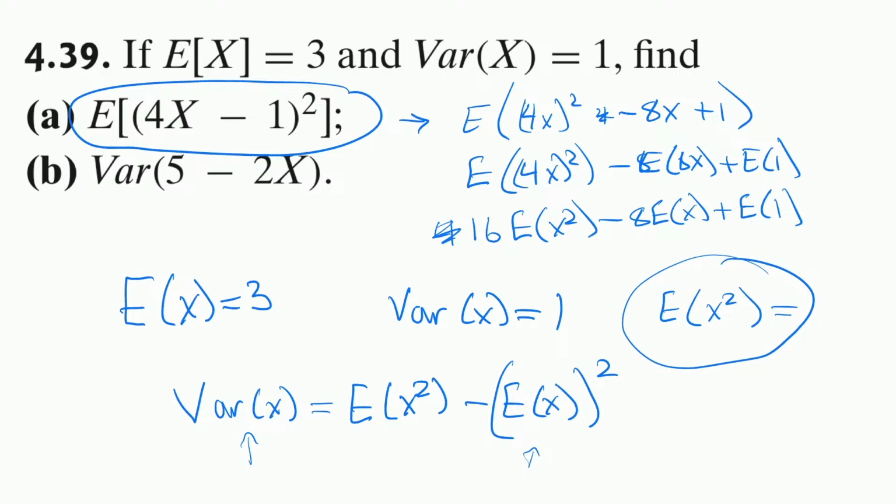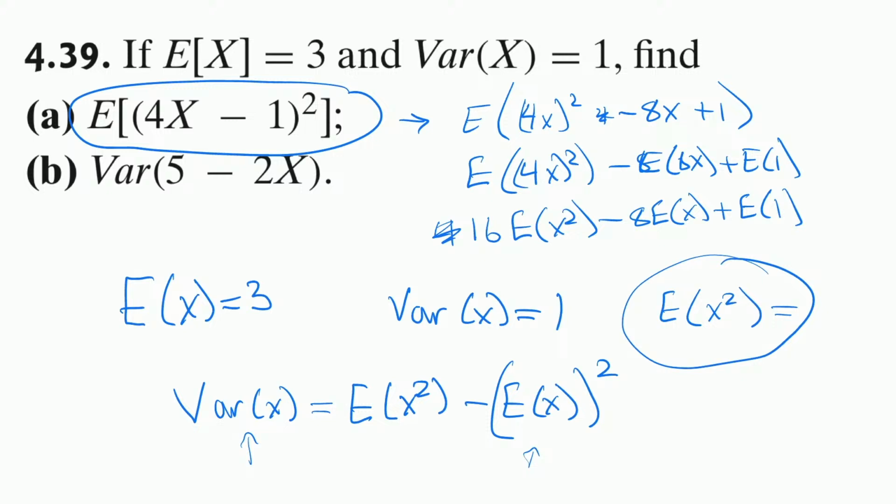But the E of 1, what's the expected value of 1? If there was a die printed with only 1s, you'd expect to get a 1, right? So that's what that is. This E of X is there. E of X squared is, you're going to get that right here. And then you can put it all together. And then the variance, you can do something similar, a little trick with the variance.